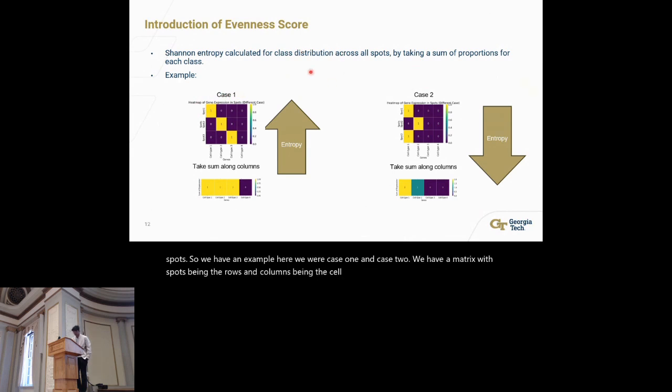In case 1, each spot belongs to a different cell type. And in case 2, spot 1 and spot 2 belong to the same cell type, and spot 3 belongs to a different cell type. So taking a sum for all rows, we have these vectors for which we calculate entropy. So the entropy for case 1 will be more than the entropy for case 2.